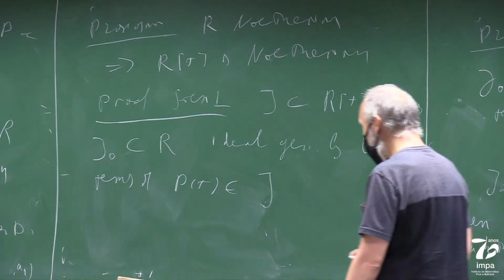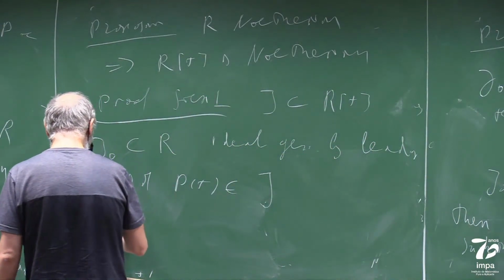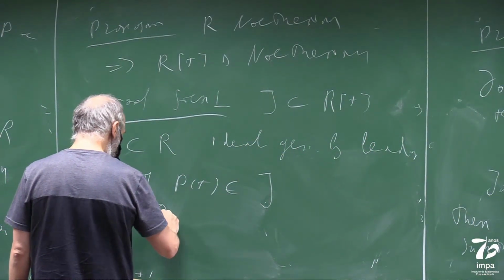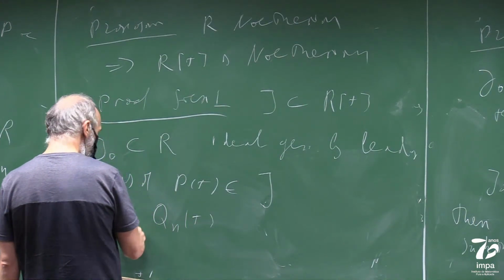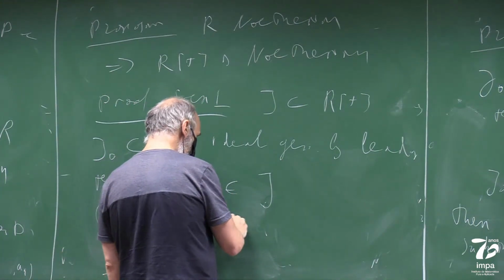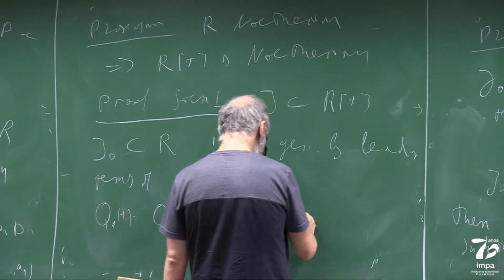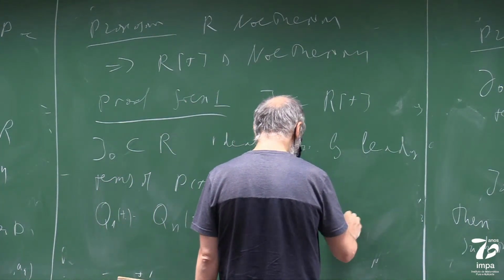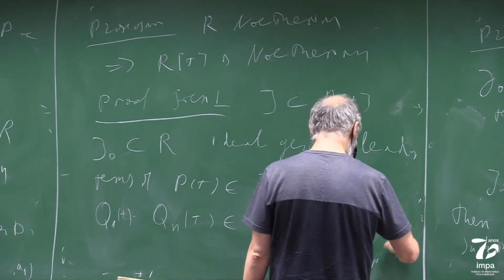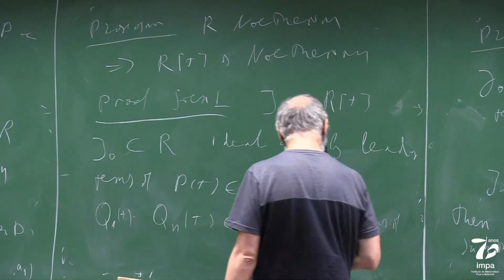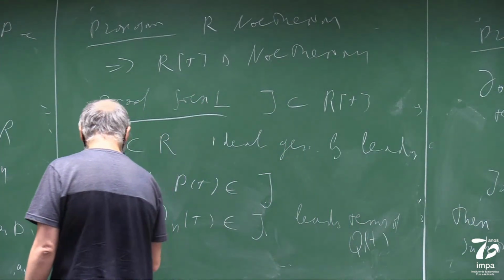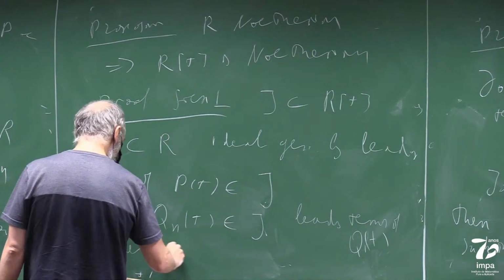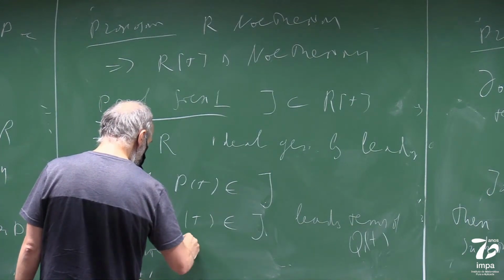And we can find Q_1, ..., Q_n, polynomials inside I, such that the leading terms of Q_i(t) generate I_0.